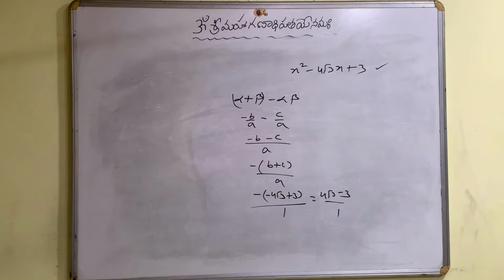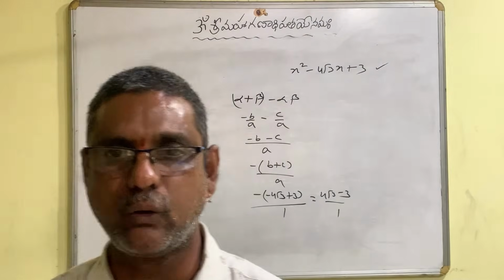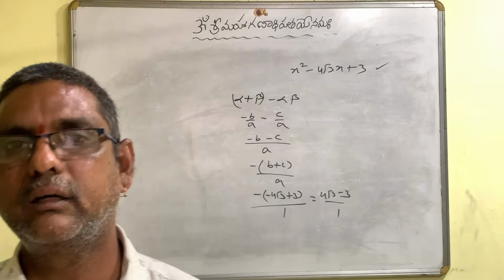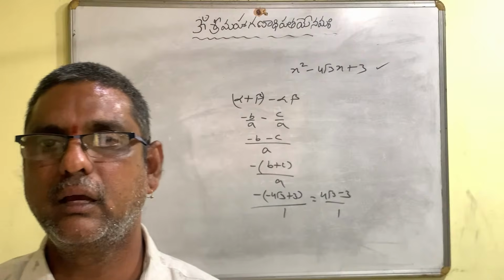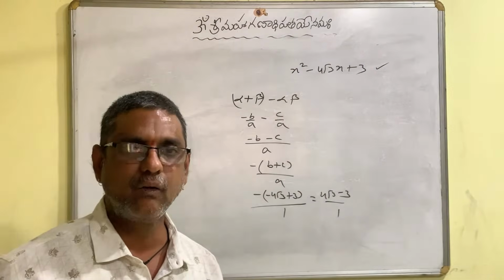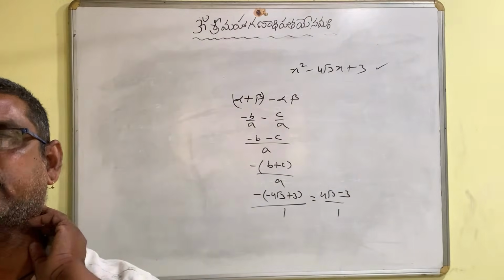So today what we have observed: when a polynomial is given to us, we need to find its zeros and verify the relation between zeros and coefficients. Second, when zeros are given to us, how to find the polynomial.